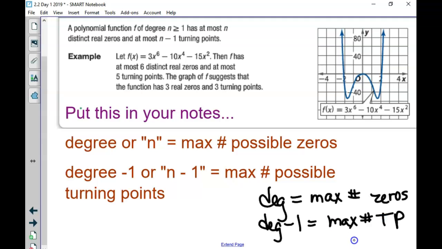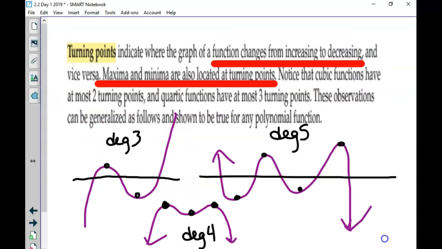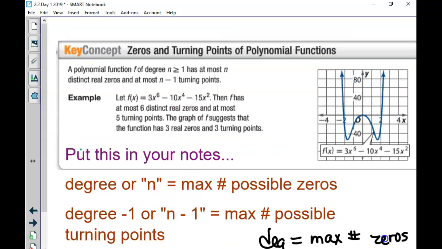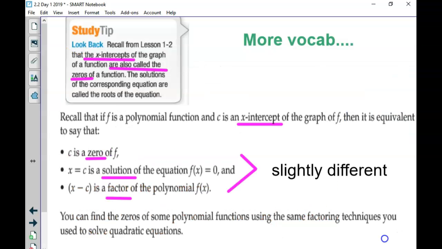And what are turning points again? Maxes or minimums. Everybody got that somewhere? I think I forgot to put a blank for it, and that's why I just said put it in your notes somewhere. All right. So that was just a key concept, I guess it wasn't a theorem.